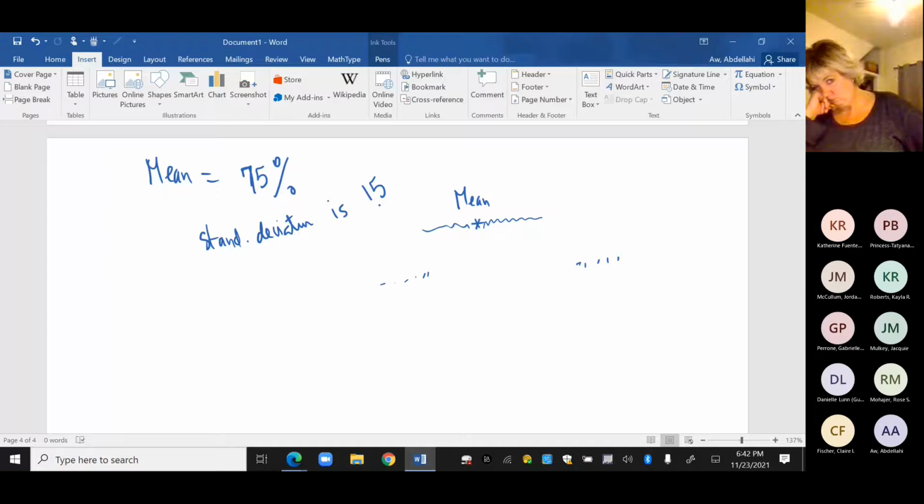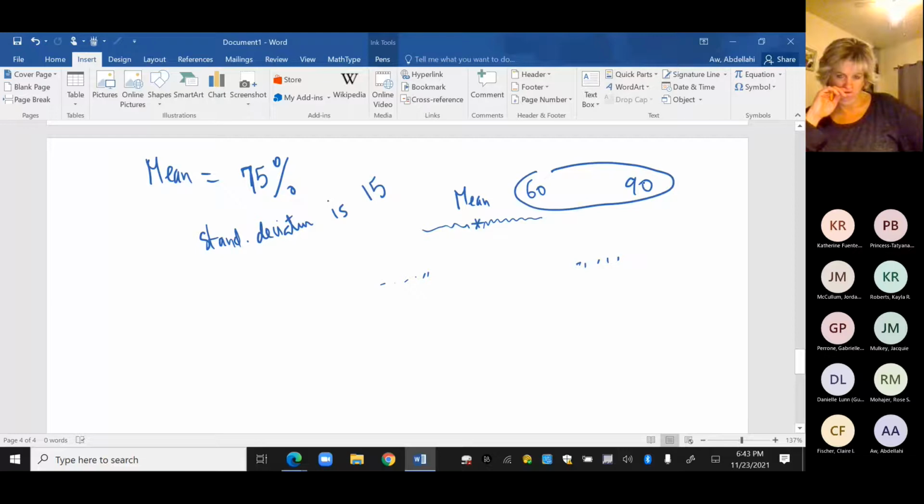Which means the big bulk of the data is between 60 and 90. That's how spread we are around 75. Some people got all the way to 90, some people got down to 60. Maybe somebody got 100, maybe somebody got a 35%, but the big bulk of the class is between here. That is the meaning of standard deviation, right?